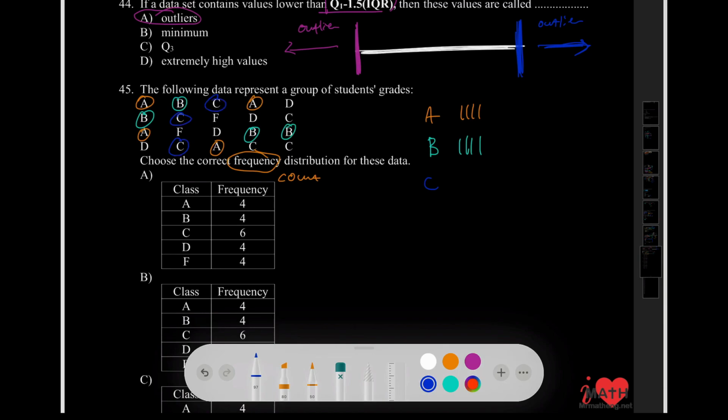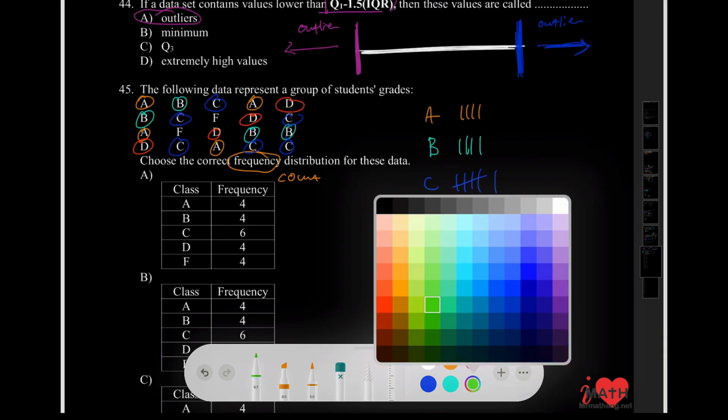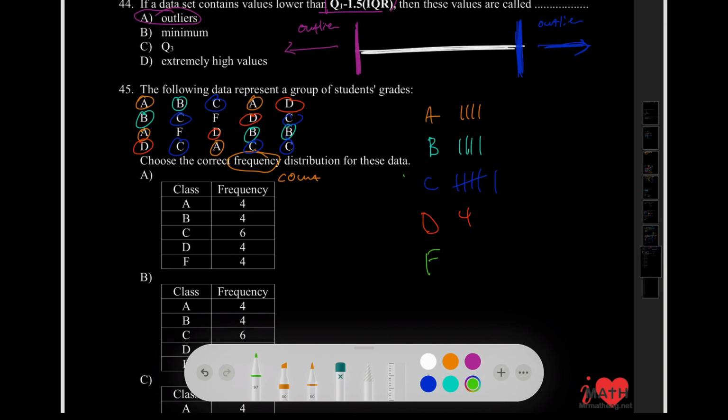1, 2, 3, 4, 5, 6. Okay. D's, 1, 2, 3, 4. And then F's. 1, 2. What? Why did I do that? That's okay.